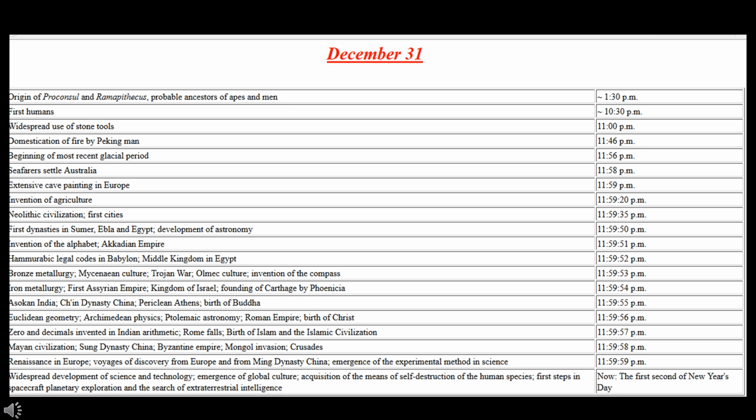The Roman Empire fills just 5 seconds and collapses at 11:59 and 50 seconds, the moment when the New Year's ball starts to slide down the pole at Times Square and the great 10-second countdown begins. In the last 2 seconds before midnight, we enter the modern industrial era.